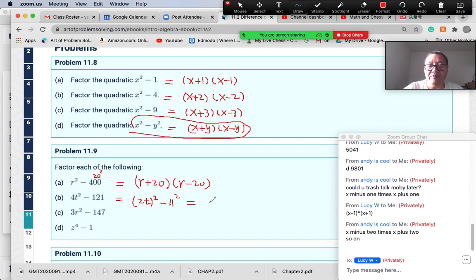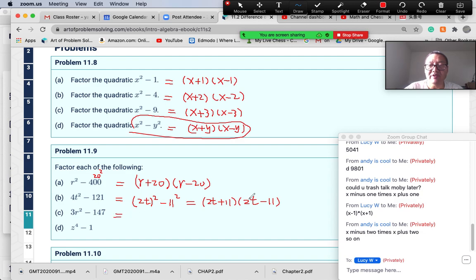Then you factor this one as (2t plus 11) times (2t minus 11). Okay, very good.